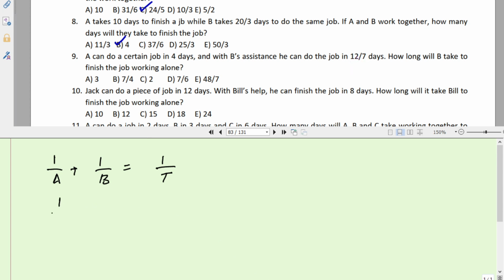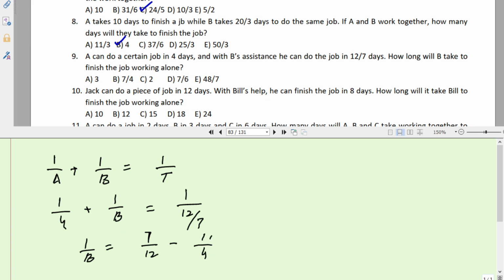So this is 1 over 4 and this is 7 over 12 together. Now we need to find out how long B alone takes to finish the job. So you can subtract 1 over 4 from both sides and that will give us a situation like this. This can be 7 over 12 minus this 1 over 4.